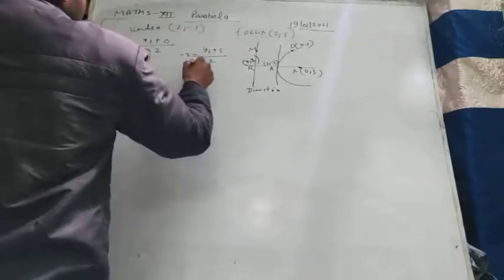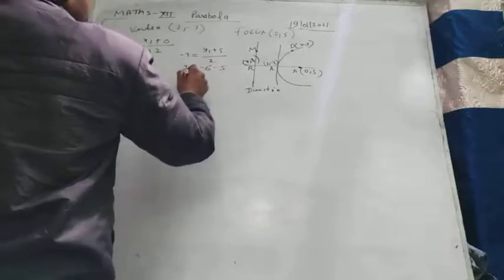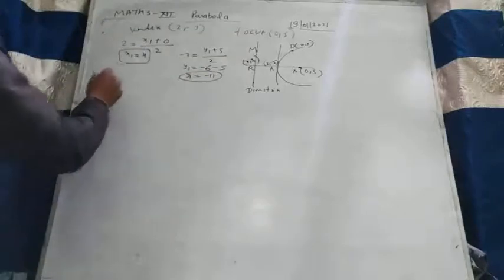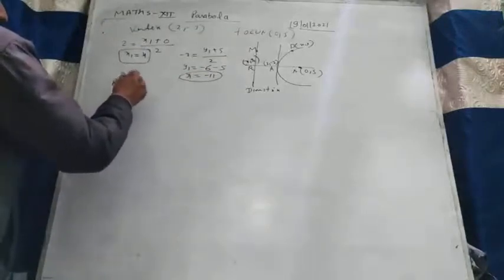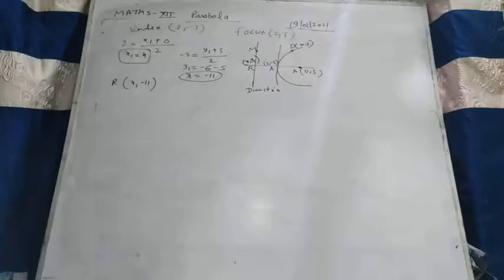So y1 is minus 6 minus 5, so y1 is minus 11. So our coordinate of R is 4, minus 11. Okay, student.